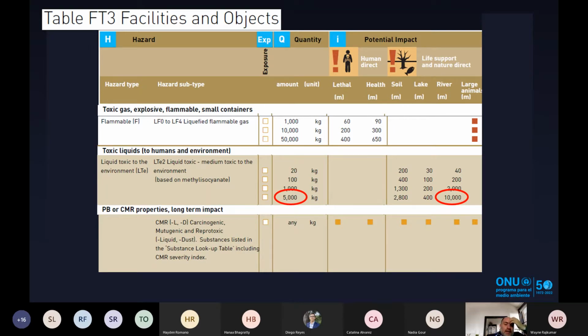It seems that the 5,000 kilograms quantity is defining the distance at which action should be taken.